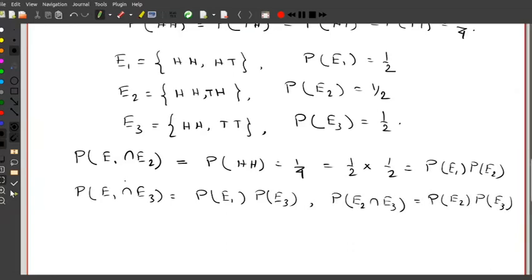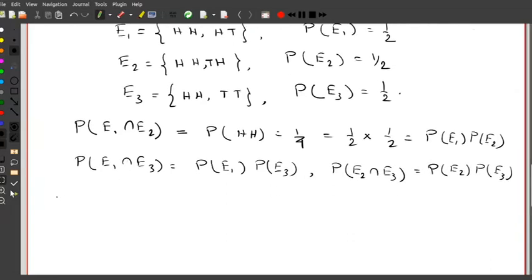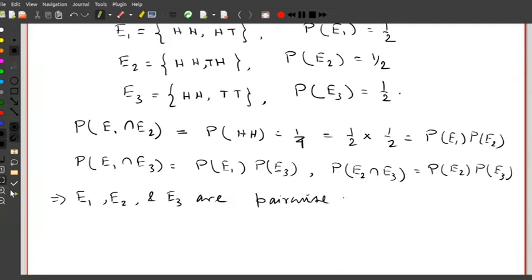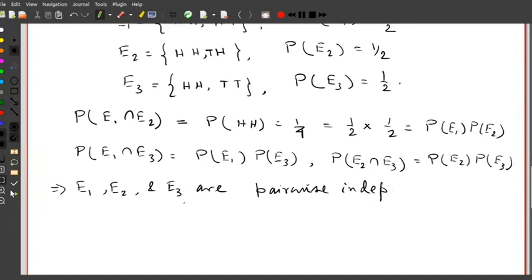So that means E1, E2 and E3 are pairwise independent.